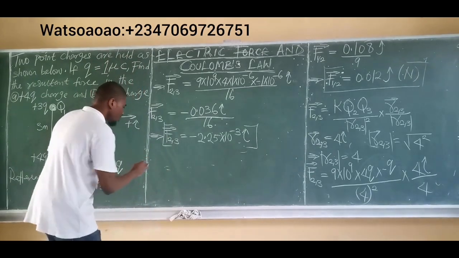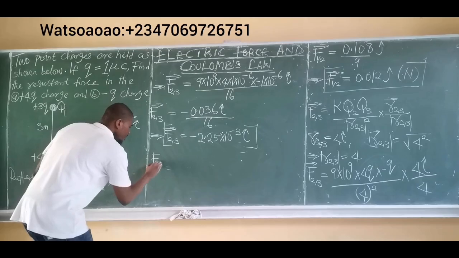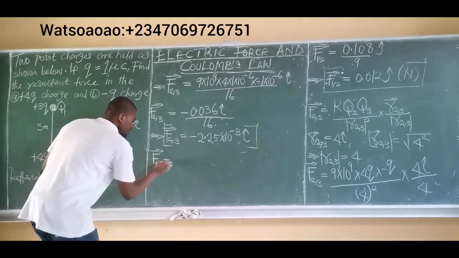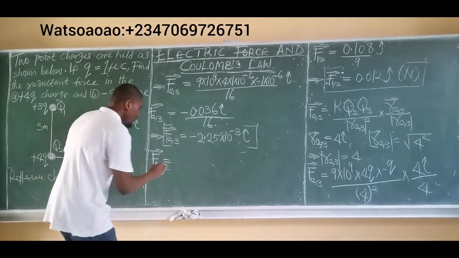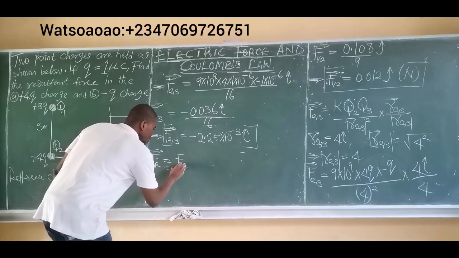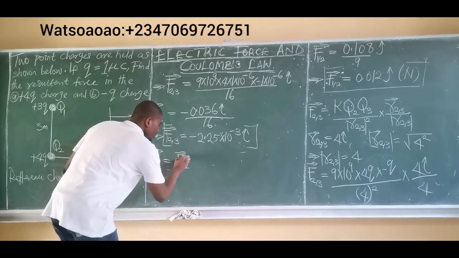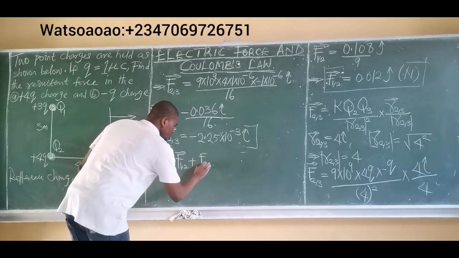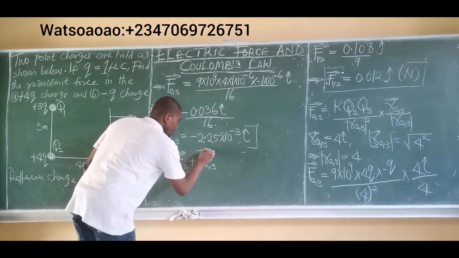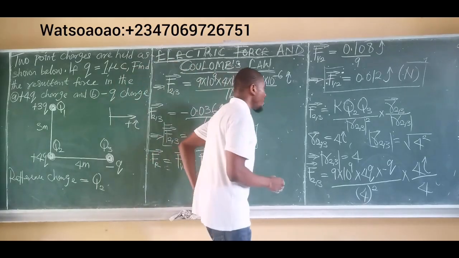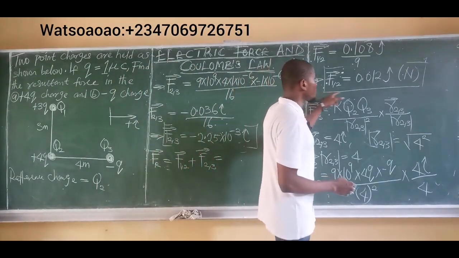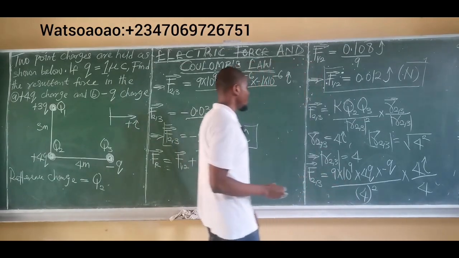Okay. Therefore, the resultant force FR simply means summing the two forces obtained so far. So we have the sum of the force from charge 1 to 2 plus the force between charge 2 to 3. So this is going to now be equal to, we obtained F12 over here as 0.012 in the j direction.